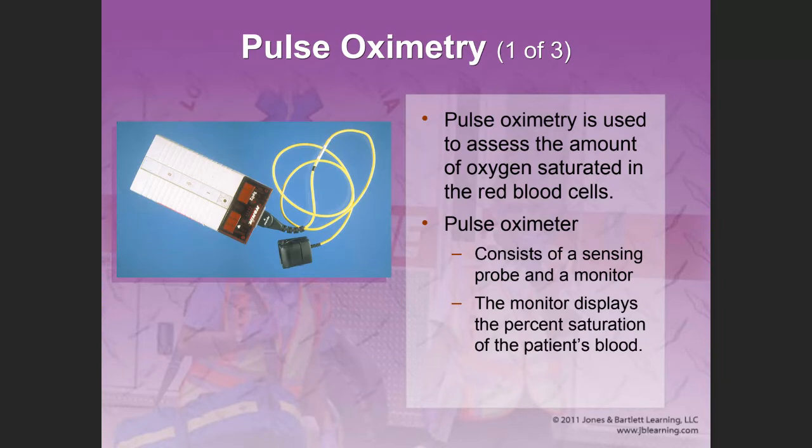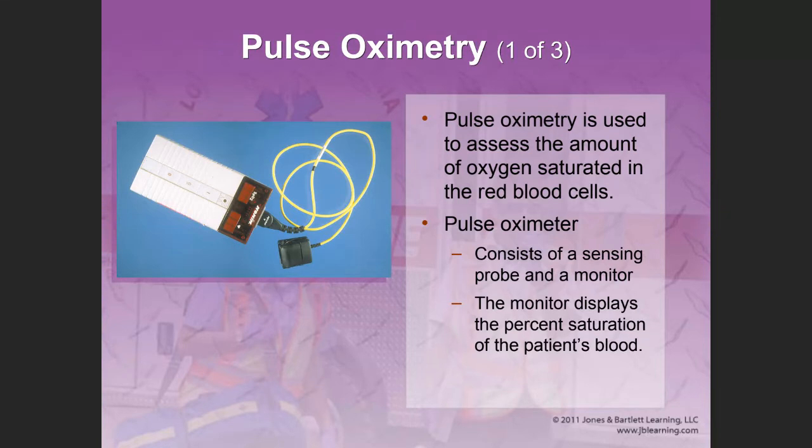The other thing that a pulse ox can do is it can give you a reading for the pulse. And this is what EMS responders love to do, especially the new generation, right? The new school or the new generation of responders.